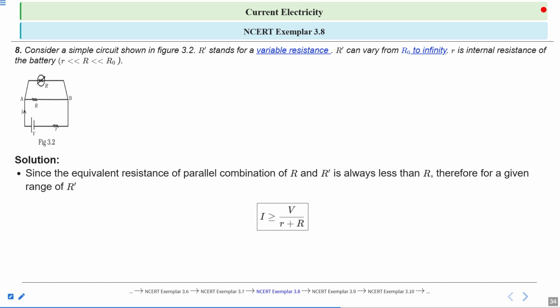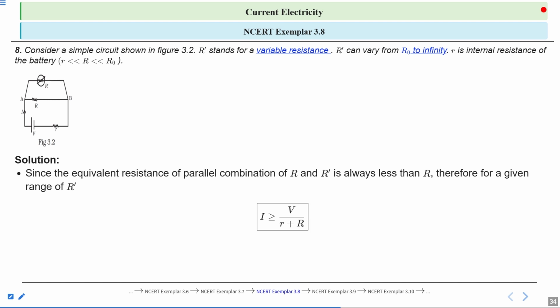If we place R in the place of R equivalent in the previous equation I equal to V upon small r plus R equivalent, then since R is always greater than R equivalent, we are increasing the denominator.